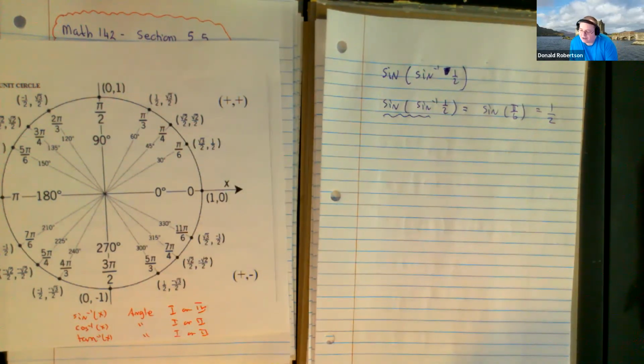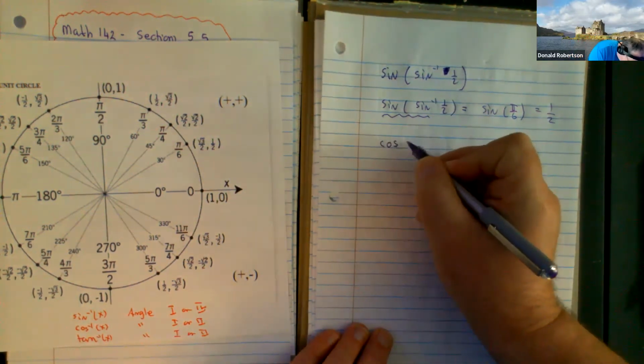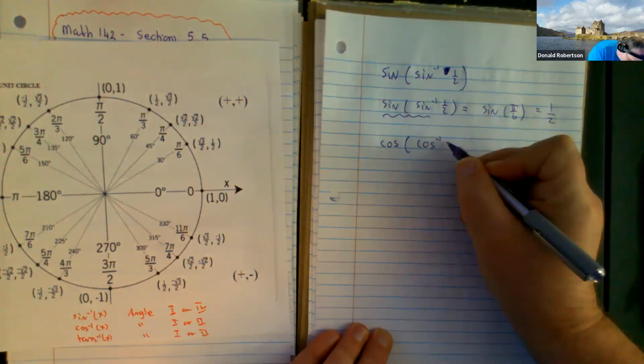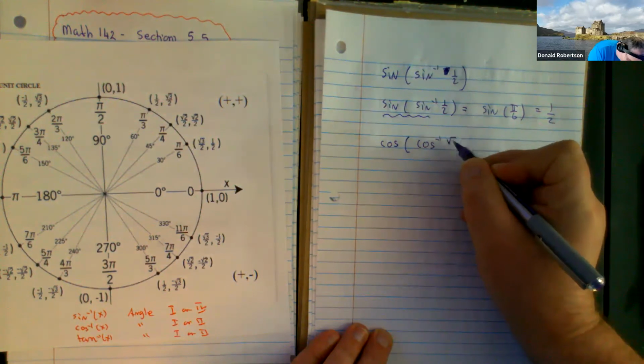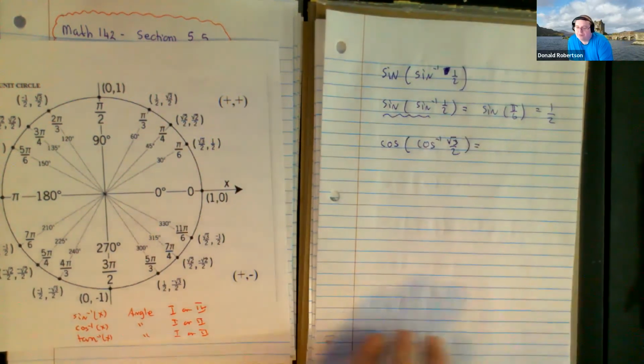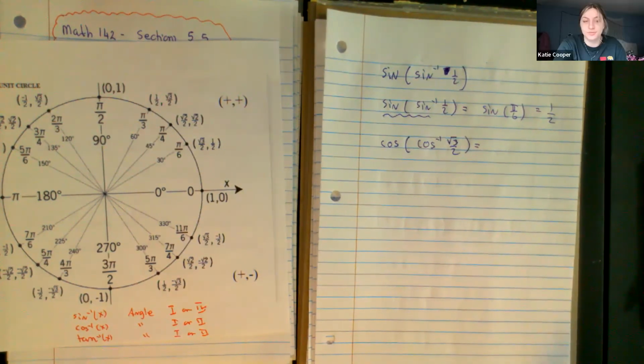Does that make sense? It's a bit like somebody saying, what's the square root of 5 squared? Isn't the answer just 5? They kind of cancel out. Now, suppose I said to you, what's the cosine of the inverse cosine of root 3 upon 2? What do you think the answer is going to be without doing the intermediary stage? Root 3 upon 2.